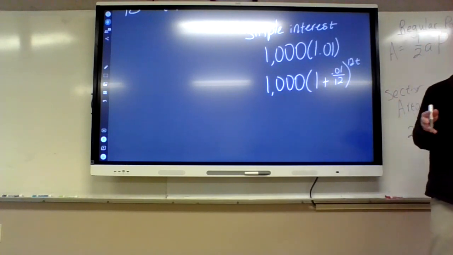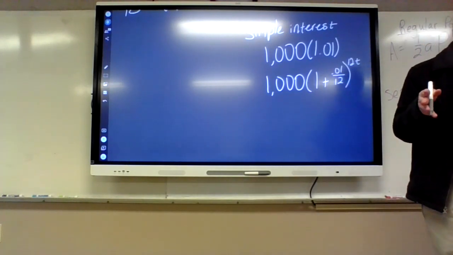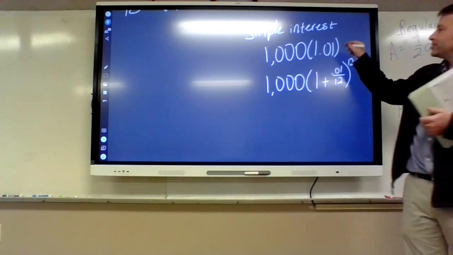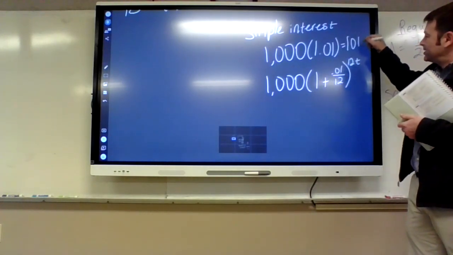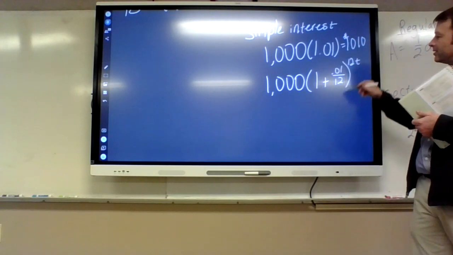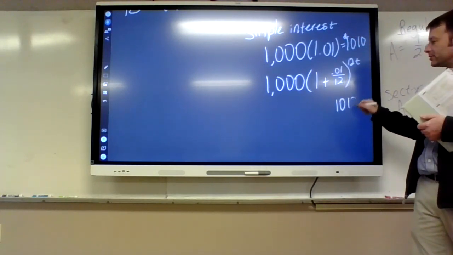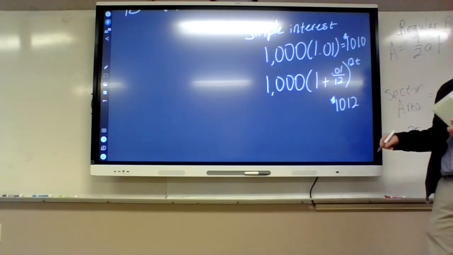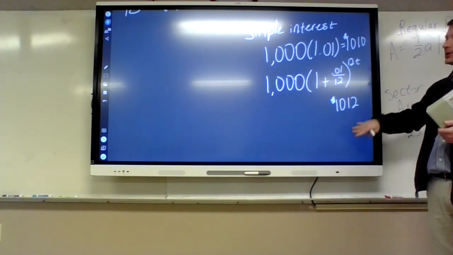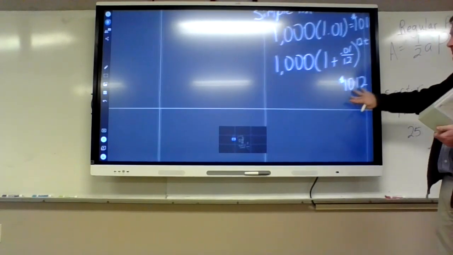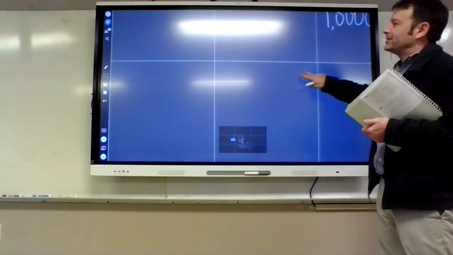What compound interest does is it gives you your money a little faster and it builds a little bit faster. So on my first example, you get like $1,010 at the end of 1 year. On this example, you probably get $1,012 or something like that. So it helps a little bit. I'm just guessing. I'd have to plug in the calculator, but that's a pretty good guess, probably.